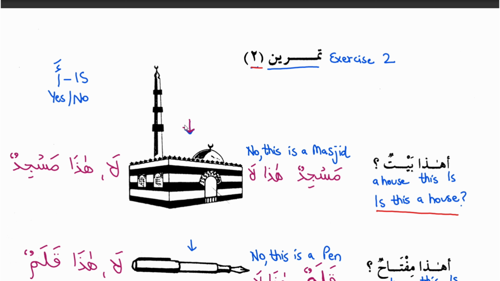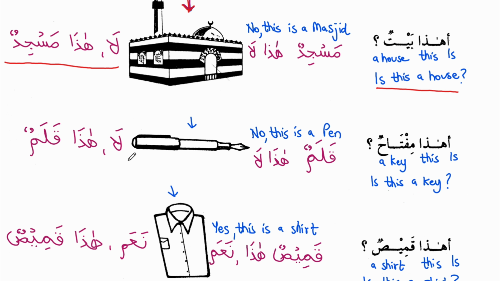La haza masjidun. No, this is a masjid. Next question. Ahaza miftahun? Is this a key? La haza qalamun. No, this is a pen.